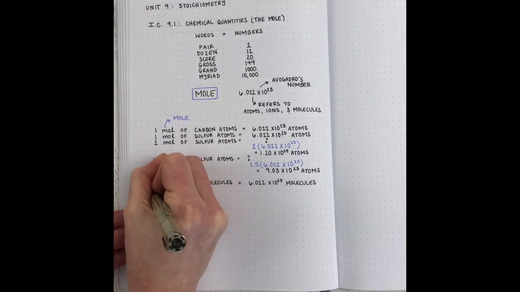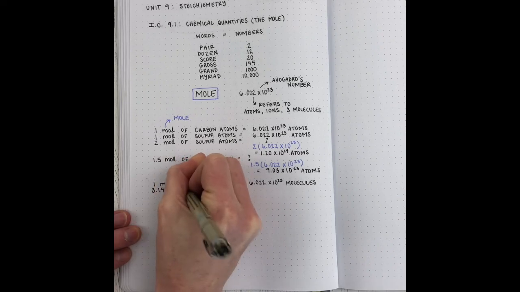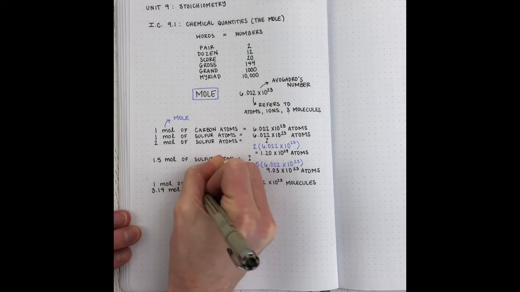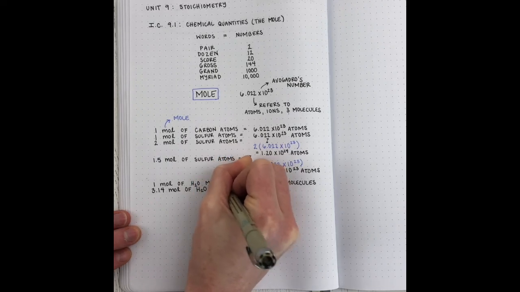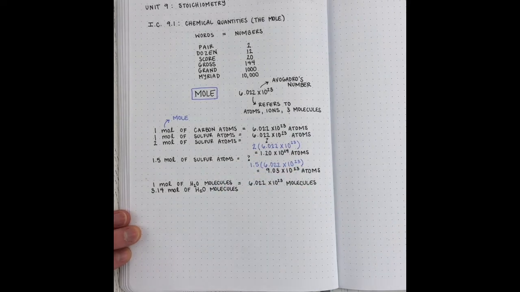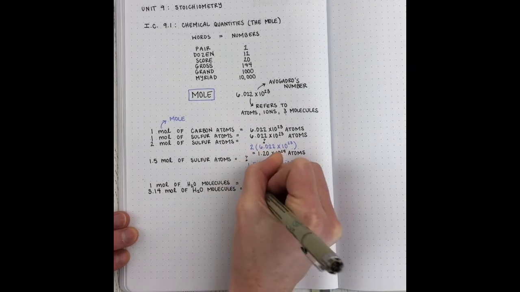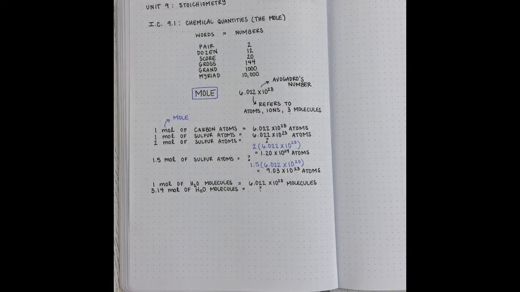If I had a more random number, like 3.14 moles of water molecules, how many water molecules would be present?